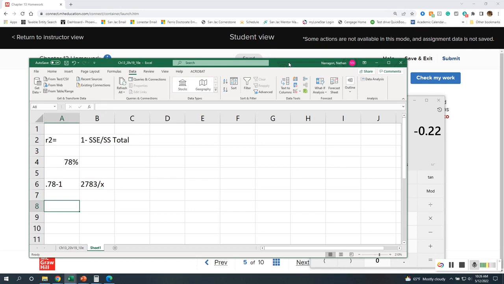Alright, so we know this now. Don't forget, this is also a negative because it's minus.